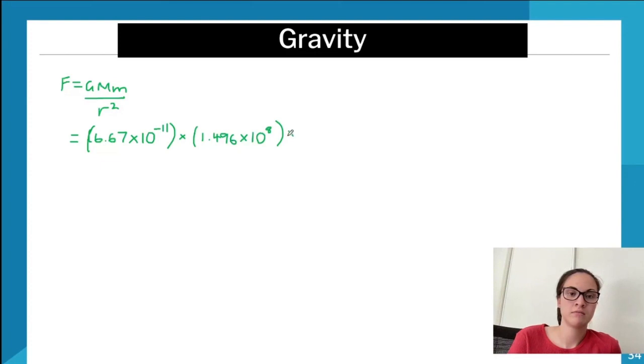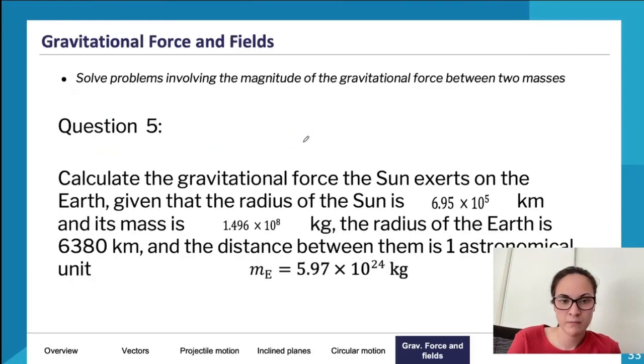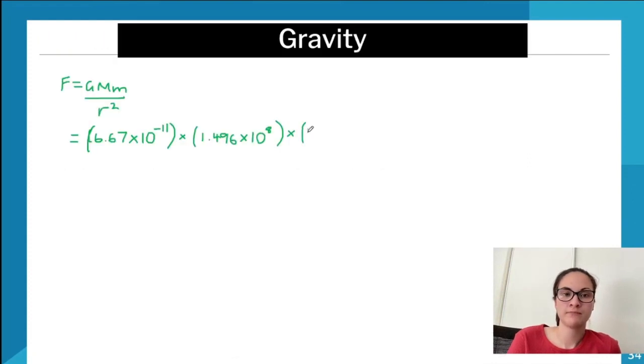Multiplied by 5.97. Let's make sure we're using the right one too. Yeah, 5.97 by 10 to the 24.